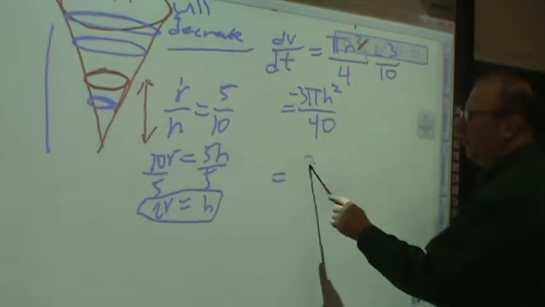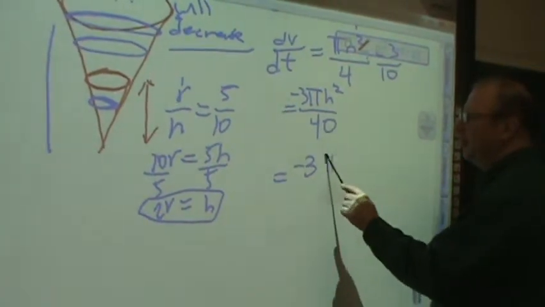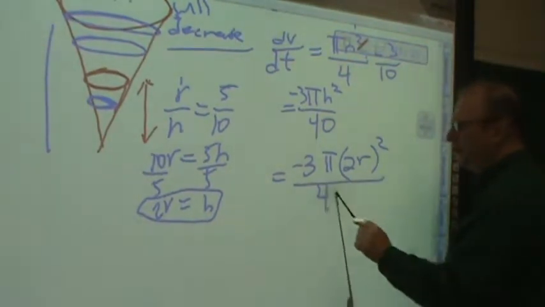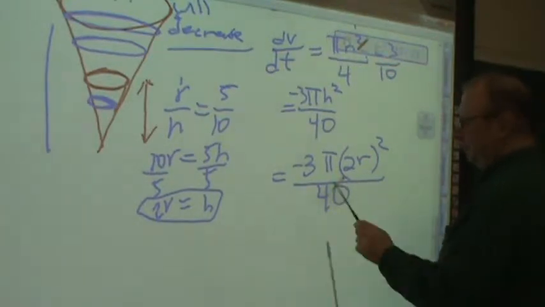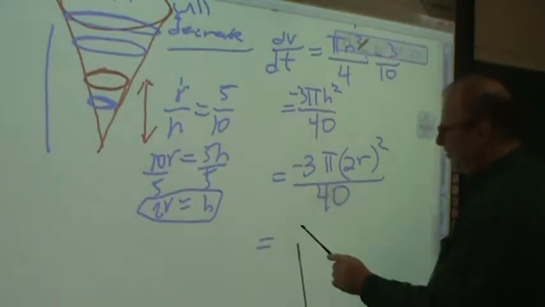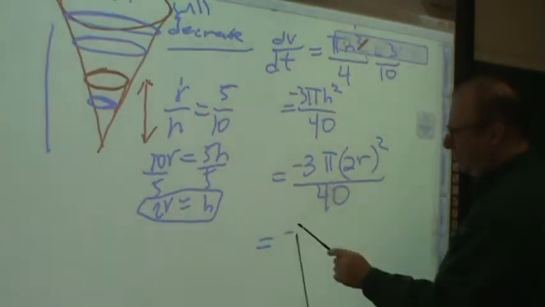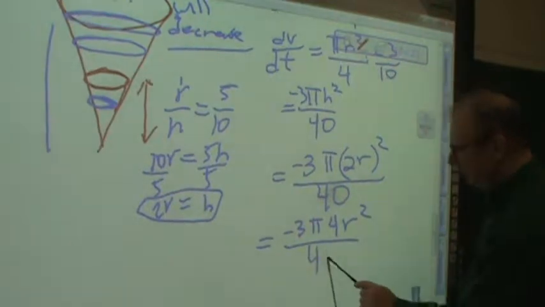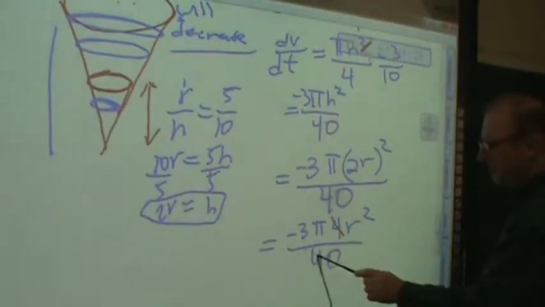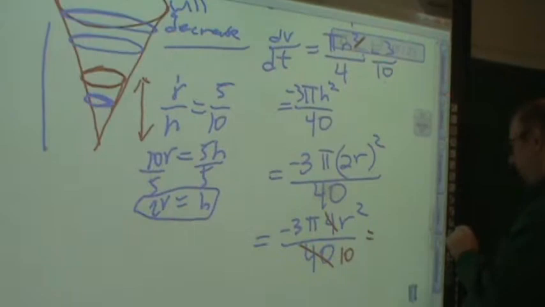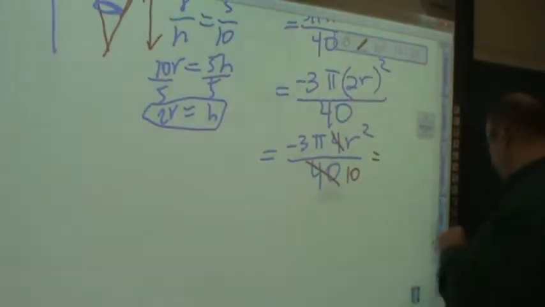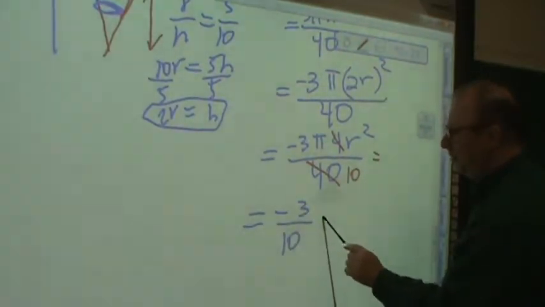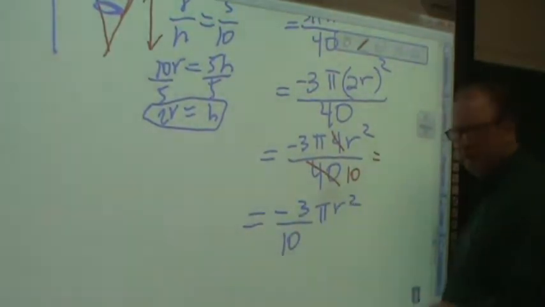So now I got negative 3 pi (2r) squared over 40. And if that's the case, we're left with negative 3 pi 4r squared over 40. And of course, this and this gives you 10. So we're left with, ultimately in this case, negative 3 over 10 pi r squared.